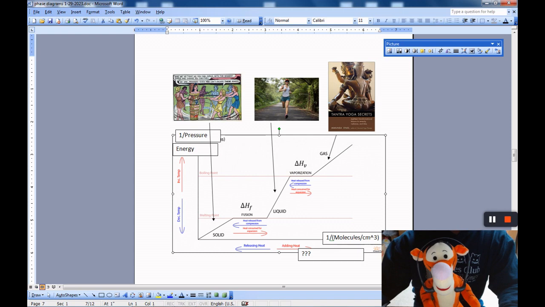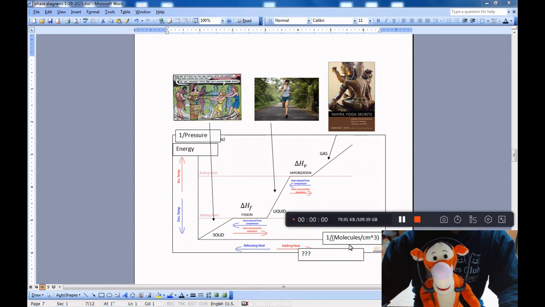Right? So 1 over a few is a big number. 1 over 1 is 1. 1 over 0.2 is a bigger number. It just makes it hard to wrap your head around.